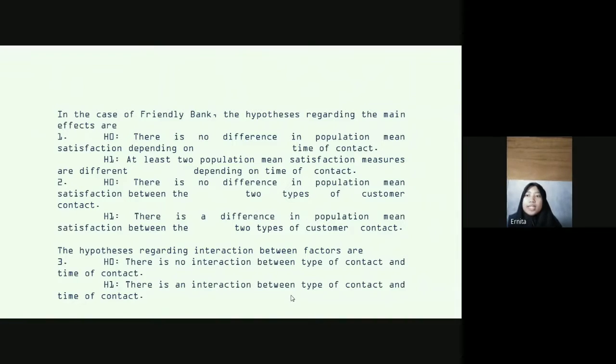For H1, there is a difference in population mean satisfaction between the two types of customer contact. The hypotheses regarding interaction between factors are: H0 is there is no interaction between type of contact and time of contact. For H1, there is an interaction between type of contact and time of contact. Okay, next.